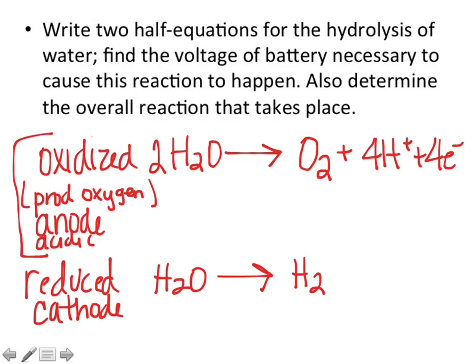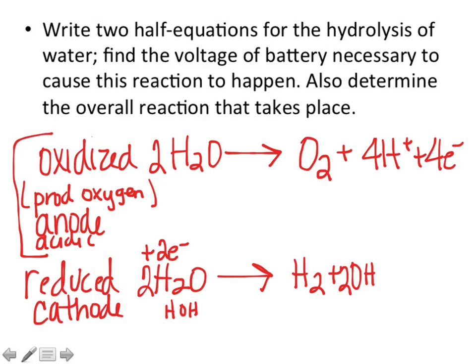If we go to the other one, now we need to balance this out with our oxygens by adding hydroxides. If you think of this as HOH, then I need a 2 here. It gives me a 2 there. So then I need 2 electrons on this side.